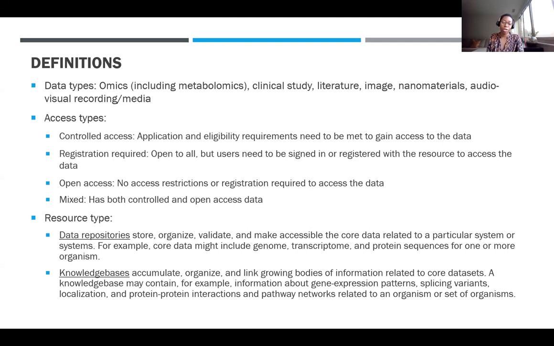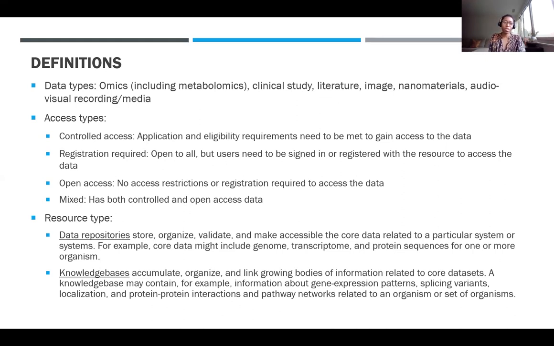The second is registration required, meaning the data is open to all users, but they just need to sign in. There are no eligibility requirements. Then there's open access, meaning no use restrictions and no registration needed. And mixed has both controlled and open access data. And this has different implications, as you'll see as we go along.